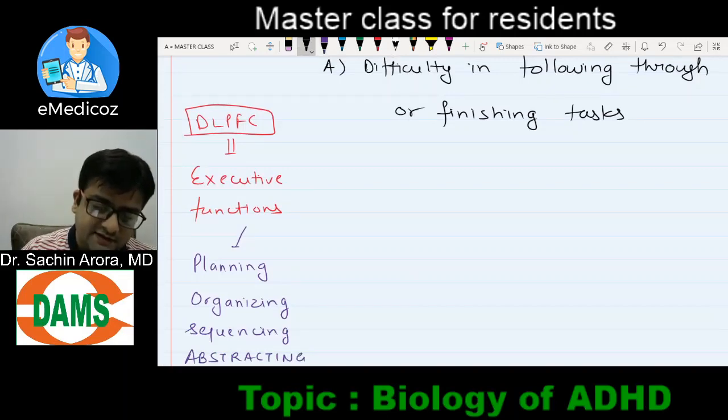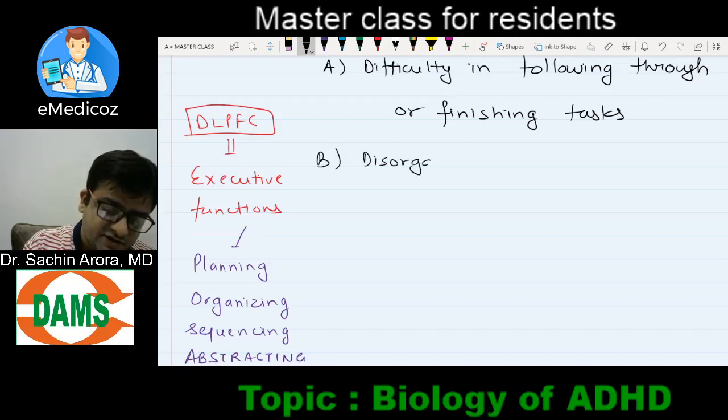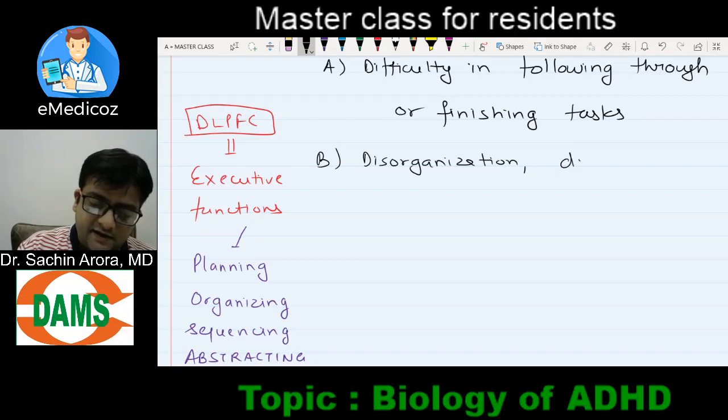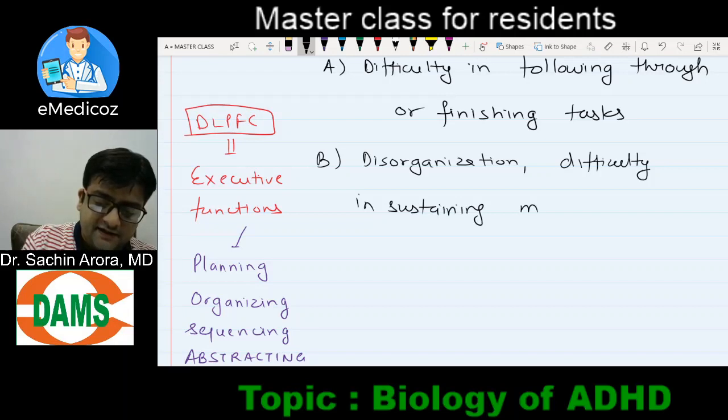Hence a problem in this leads to disorganization, poor planning, and difficulty in sustaining a mental effort.